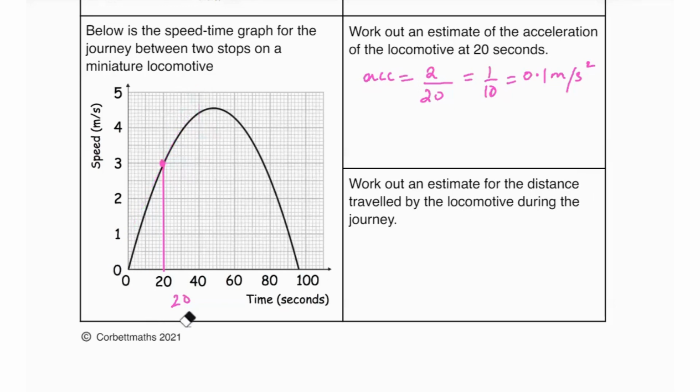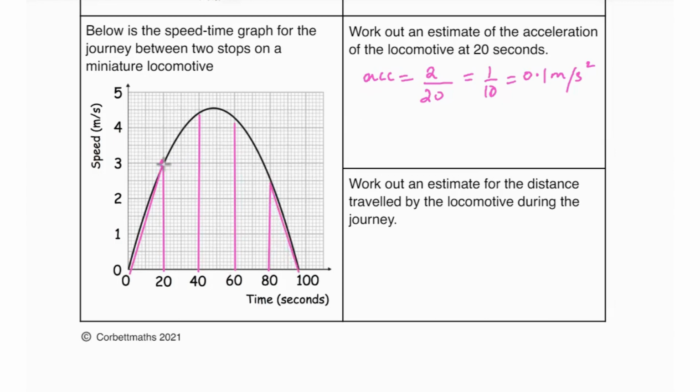For the distance, we basically need the area under the graph. Since it's a curve, it's not a definite shape, so we can't find the exact area, but we can find an estimate. For that, I'm going to divide the graph into different intervals. Now if we join this line, we can see that we have a triangle over here, and similarly a triangle in the last portion.